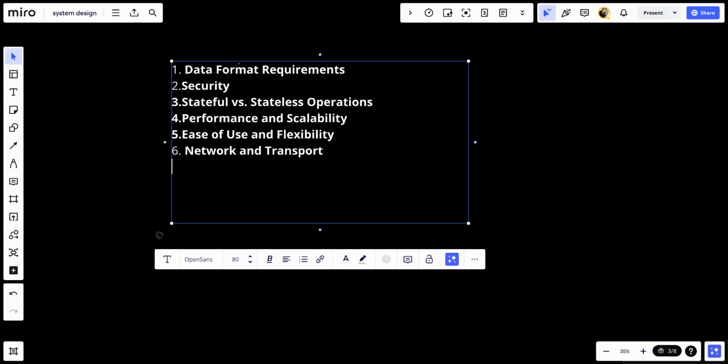In terms of REST, it is tied to HTTP as its underlying transport mechanism, limiting its use to systems that can communicate over HTTP.